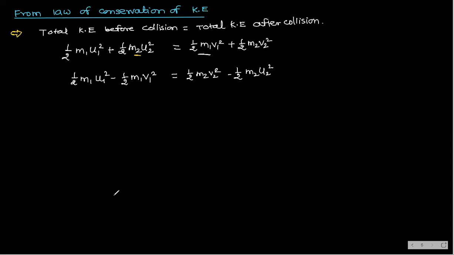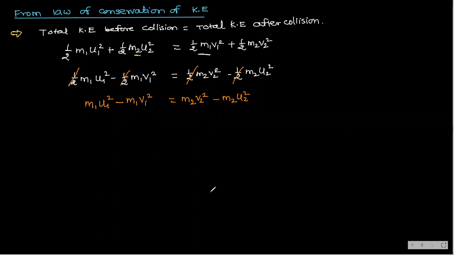Now throughout, if we take half common and cancel it from both sides, what is left is m1 u1 square minus m1 v1 square equal to m2 v2 square minus m2 u2 square. Agree? Understood?